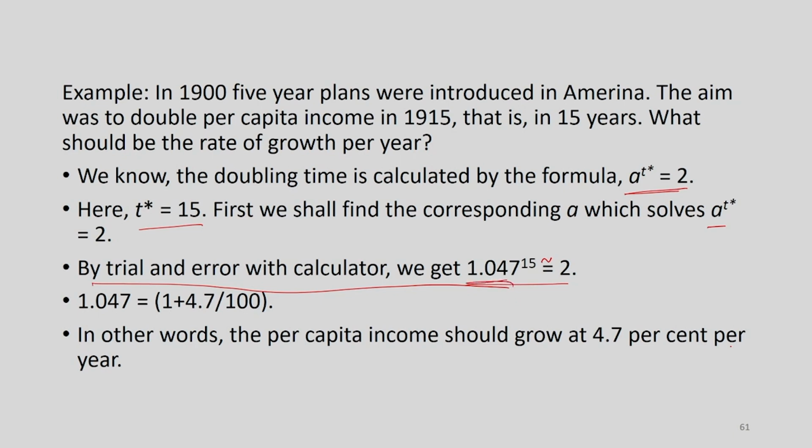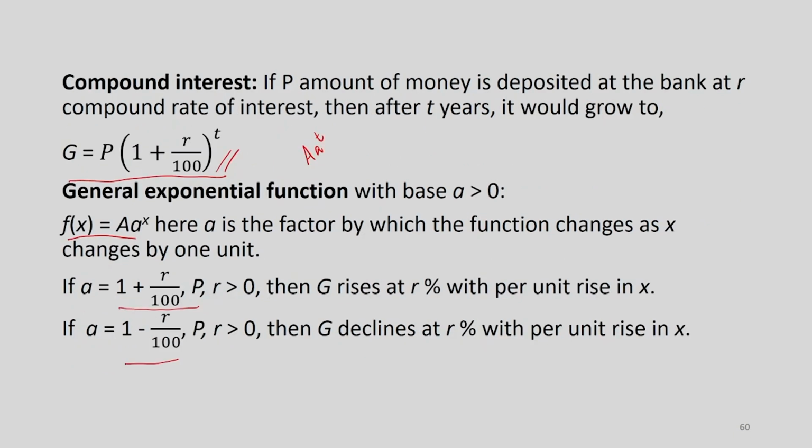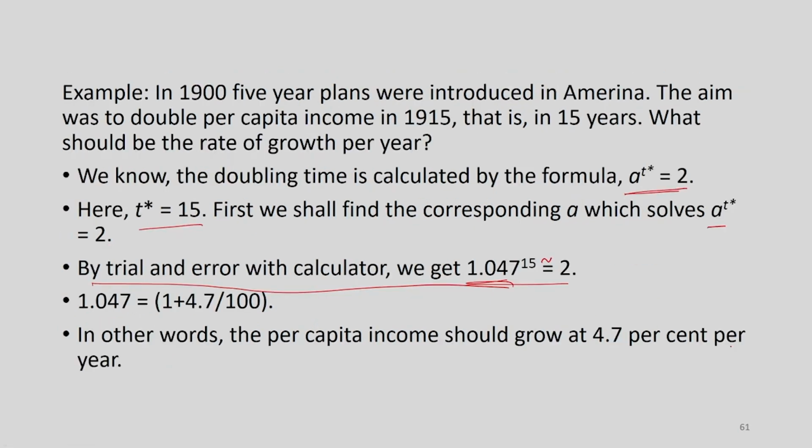Now, remember we have just seen in the previous slide that this relationship is there: a is equal to 1 plus r divided by 100. So, I can write this in this form, a is equal to 1 plus 4.7 divided by 100. 4.7 is therefore the rate of interest, not the rate of interest, in this case it is the growth rate of the per capita income per year.